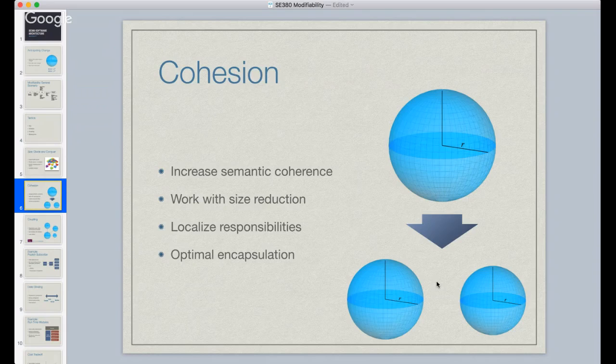And when you think about it, that's really what we're doing when we think about objects. One of the reasons that the object-oriented paradigm is so popular is that it helps us address the issues of both cohesion and coupling simultaneously.